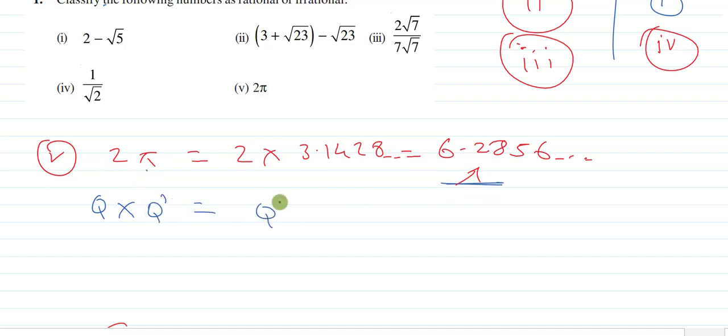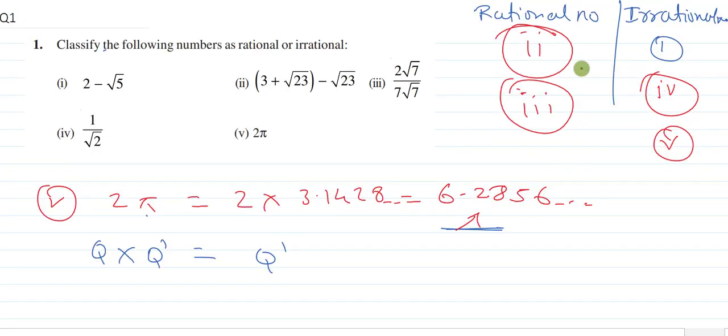The answer came as irrational. So it is of the category irrational, that is, the fifth is also an irrational number. In this way we have categorized our questions. Second and third are rational. So just by calculating the answer, we can classify the given number as a rational number or an irrational number, right?